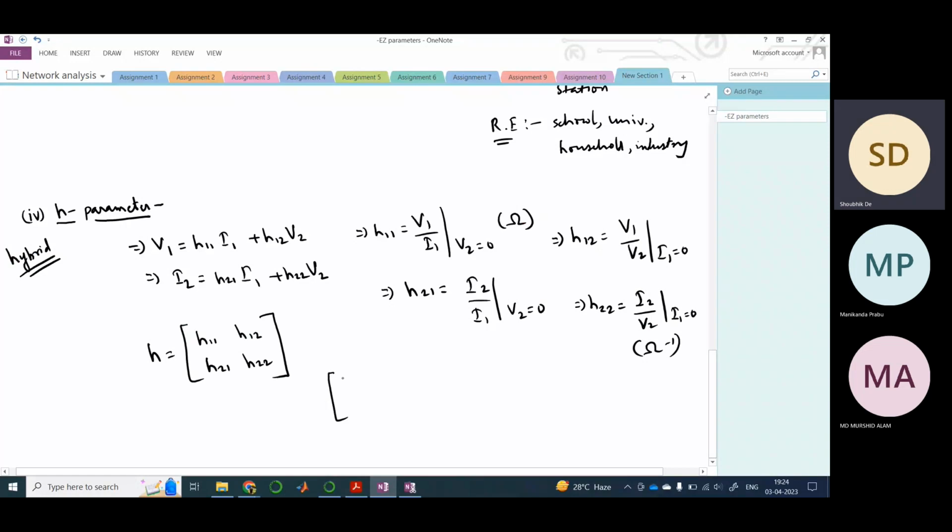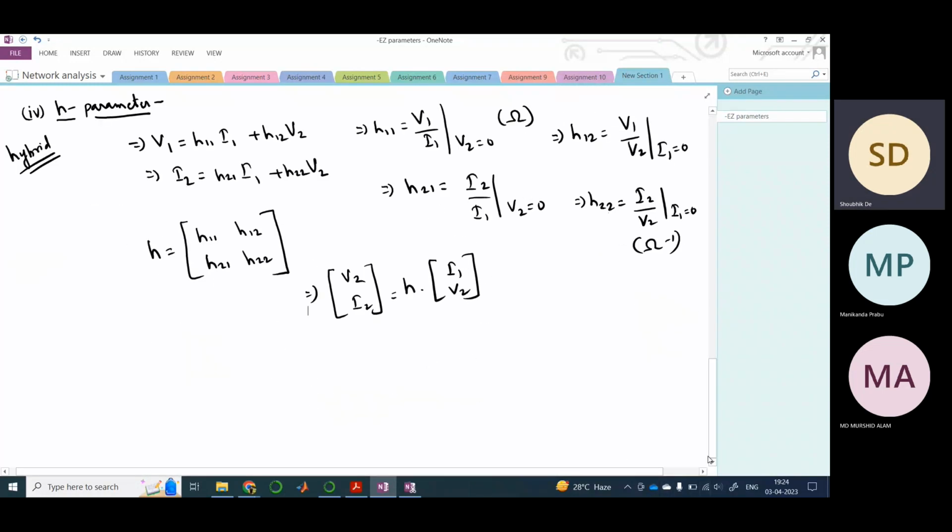Now you can represent this as a matrix also. So this would be H into I1 V2.